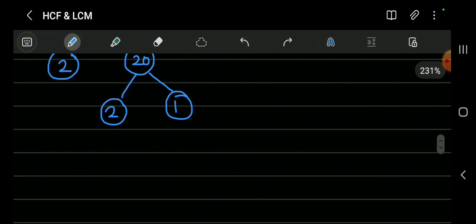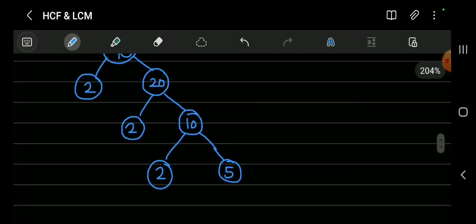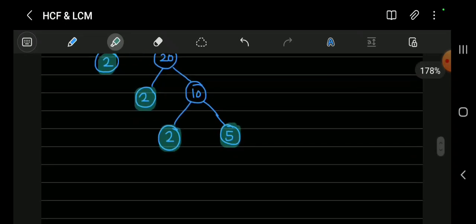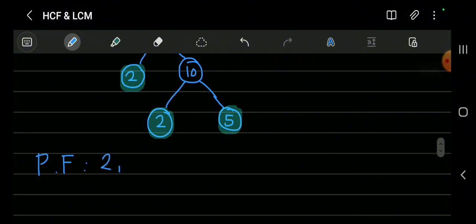Then we have 5 times 2 is 10. Now, the prime factors that you get are these. Okay, now you can write its prime factors. Prime factors are 2 three times and 5.